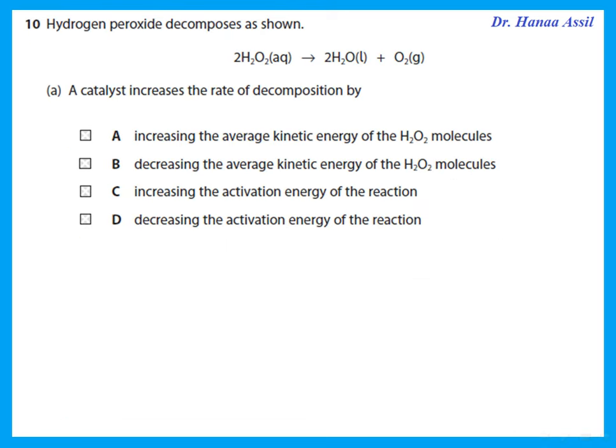The next question says hydrogen peroxide decomposes as shown. A catalyst increases the rate of decomposition by doing what? We said one of the methods of increasing rate is adding a catalyst. Now, what does the catalyst do to increase the rate?